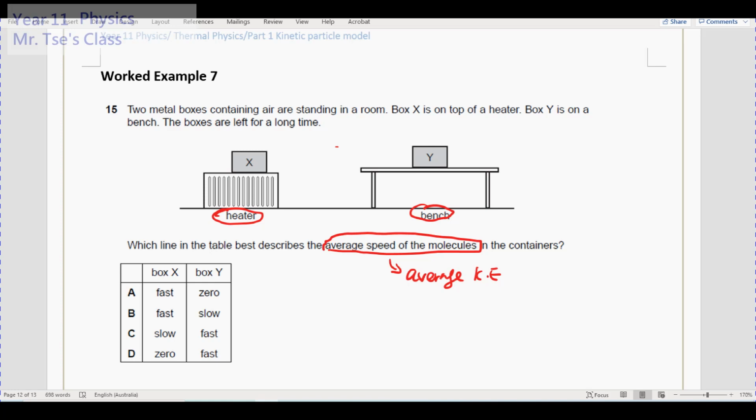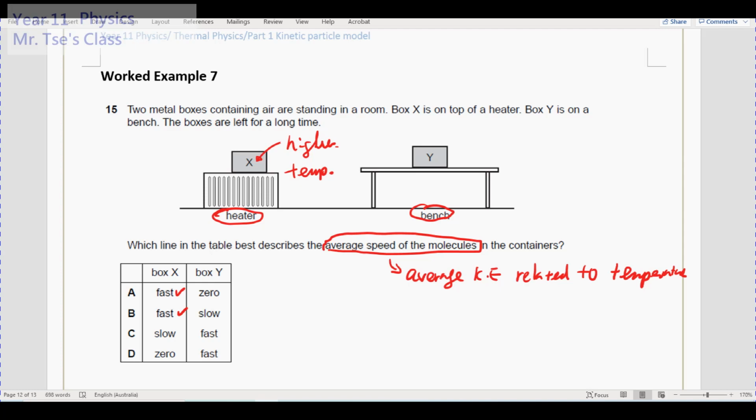The higher the speed, the greater the average Ke, and average Ke is related to temperature. Obviously the box above the heater should have higher temperature, so the molecules in X should move faster than Y. But what are the options for Y?